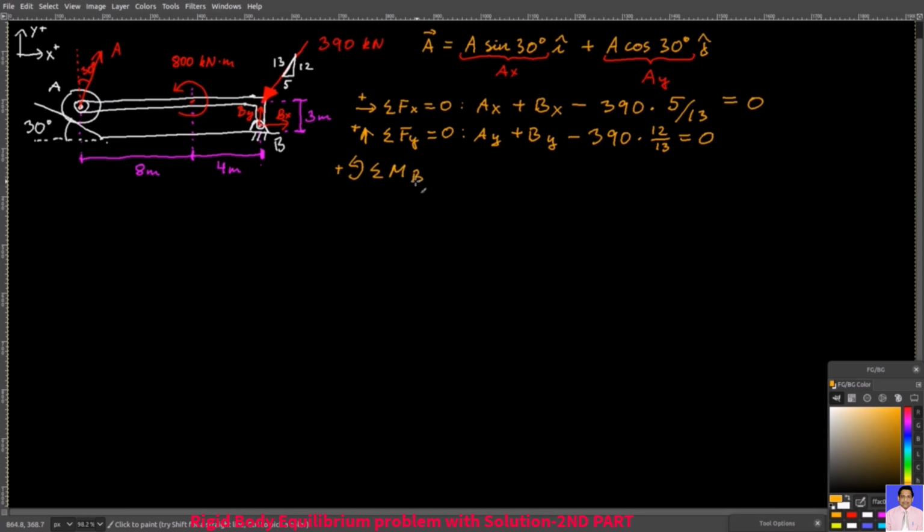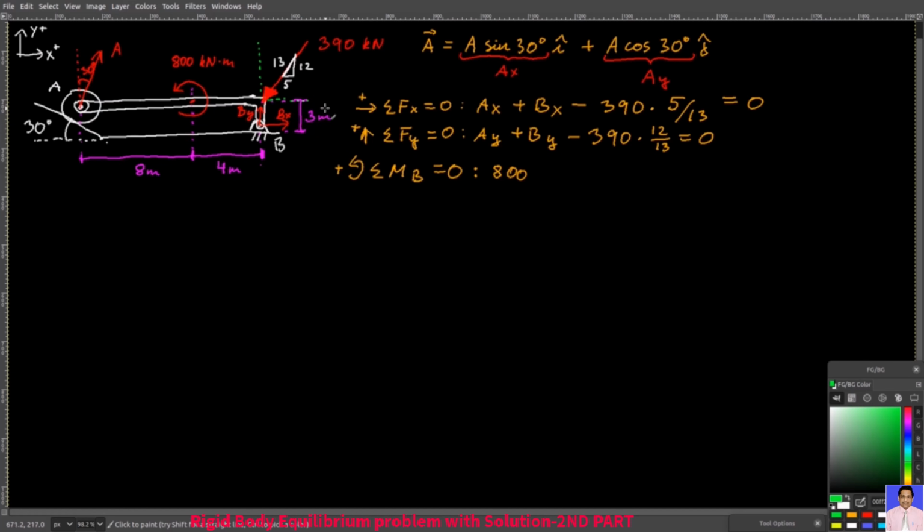Finally, let's take the moments about point B, this point here, sum them up, and the result must be 0. So I have 800 here, which is this couple moment here. Then the vertical component of this applied 390 kilonewton force gives you a 0 moment, because it has no moment arm. It goes through point B. However, the horizontal component does have a moment arm.